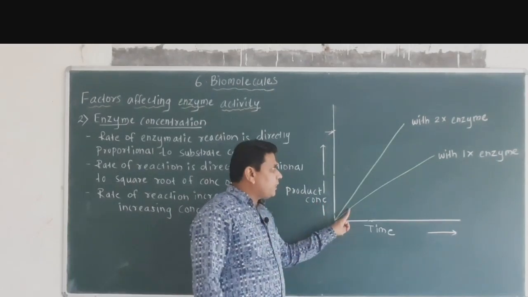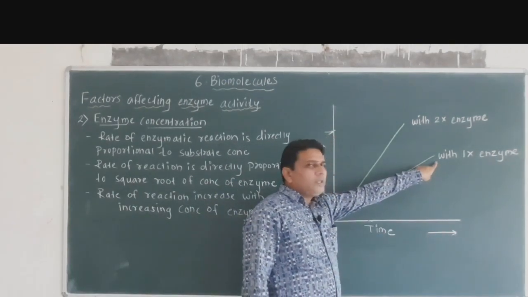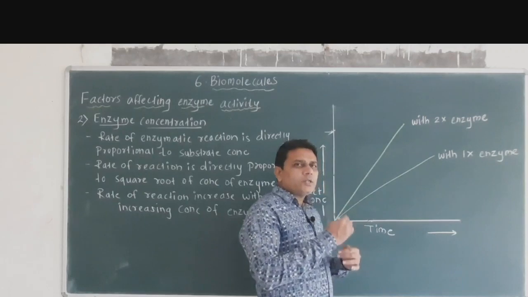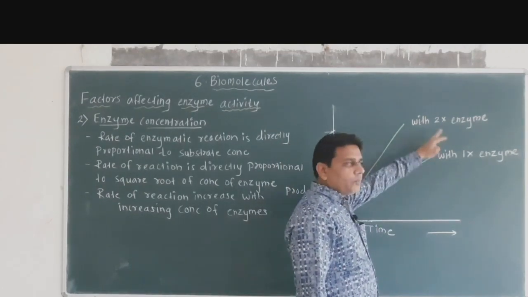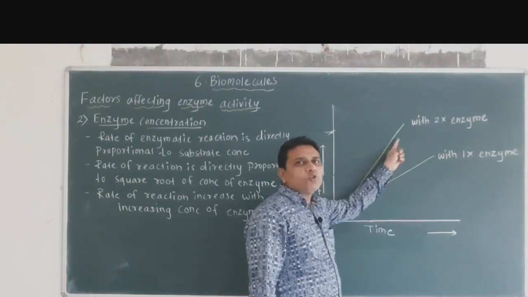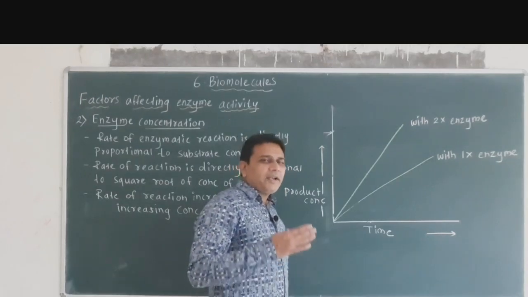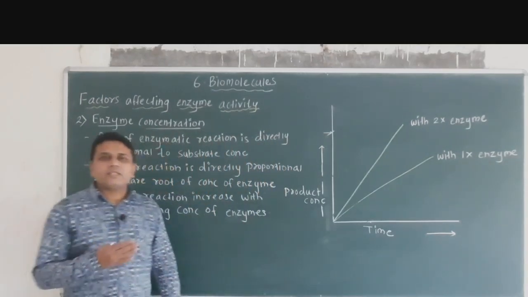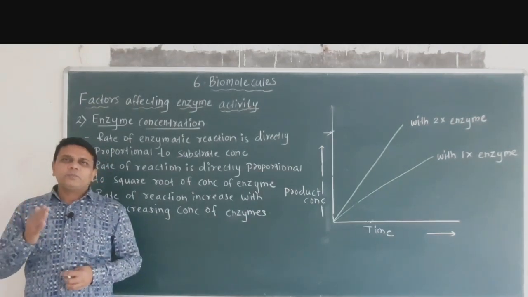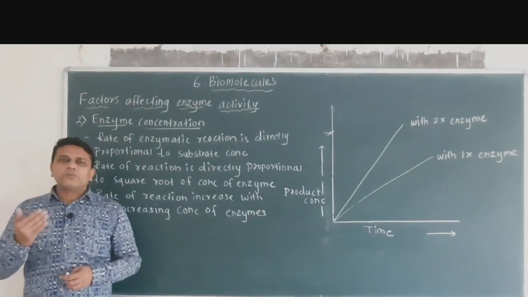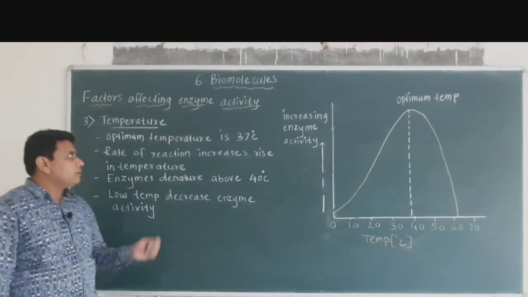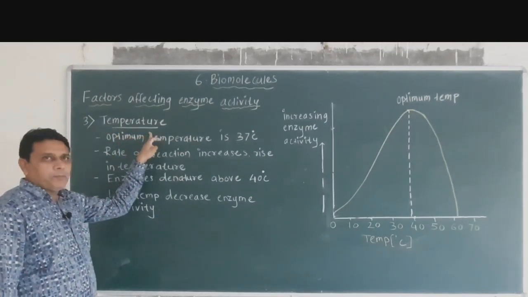Here we see that enzyme is having 1x concentration. Then when the concentration reaches up to 2x, that means it becomes twice, and the enzyme activity will also increase. So the rate of reaction increases as the concentration of enzyme increases during the process of conversion of substrate into useful product.